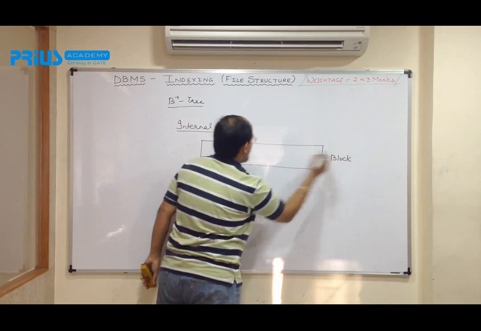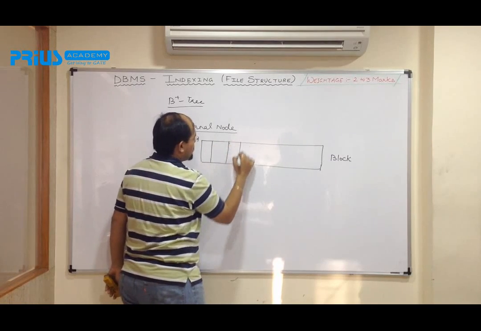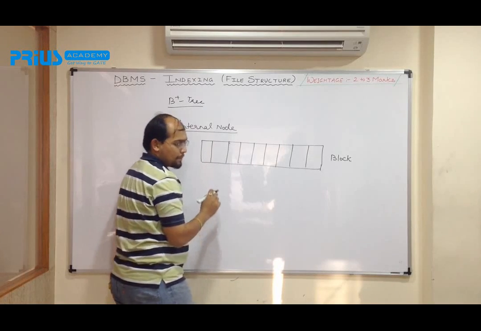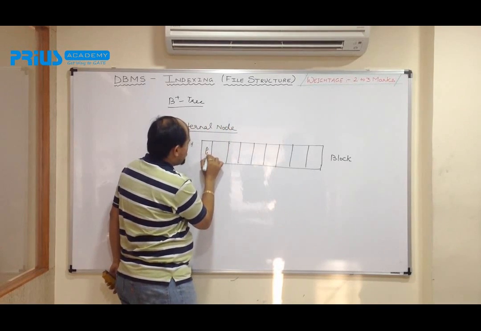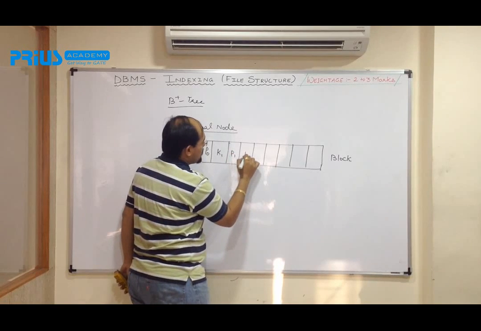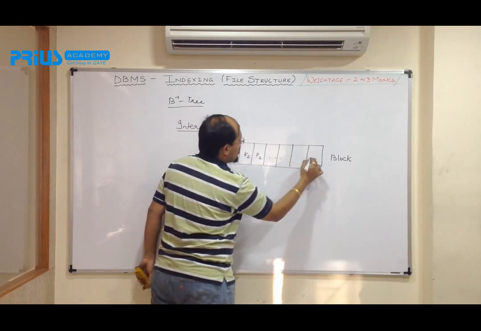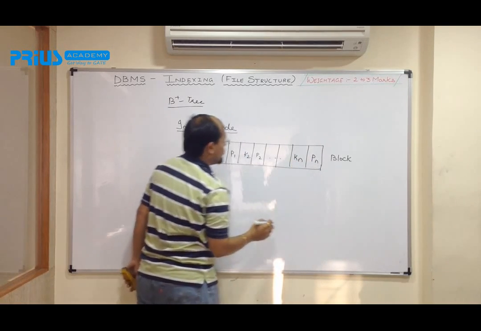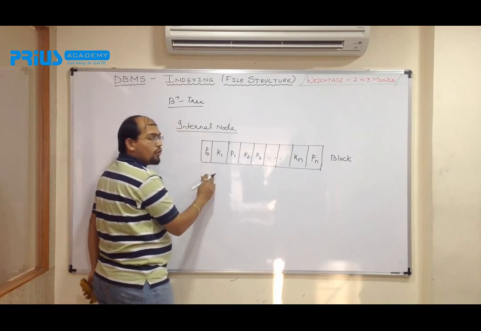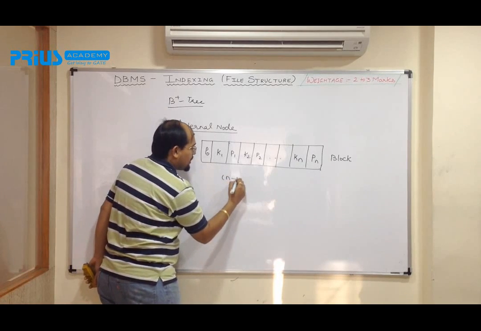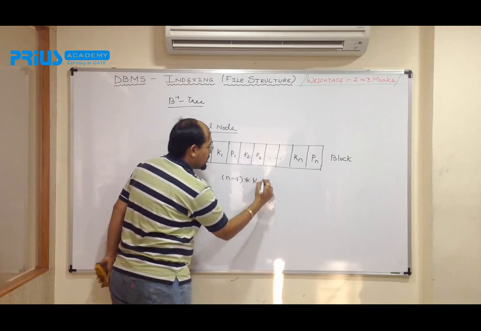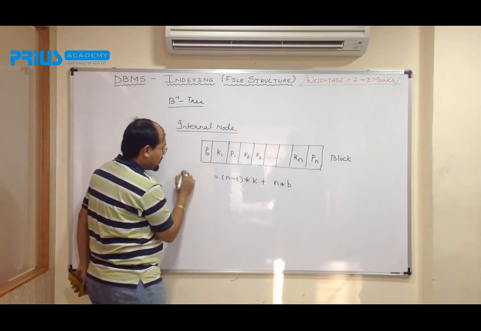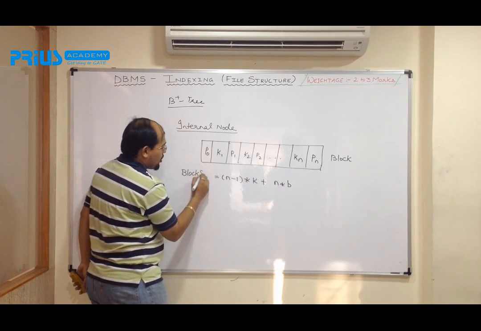This is again your block, and if I'm dividing it into the pointers, I'll have P0, K1, P1, K2, P2 up to Pn, this is Kn. So how many key values are there for indexing? Those are (n minus 1) into k plus n into b.